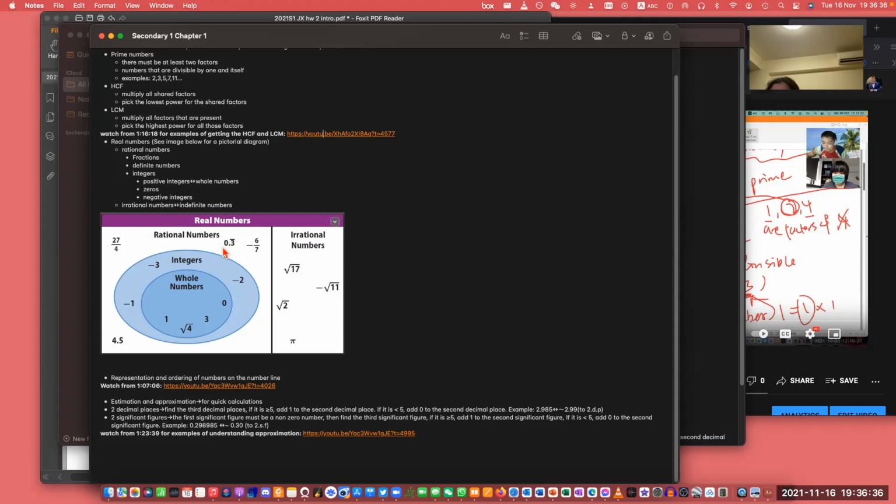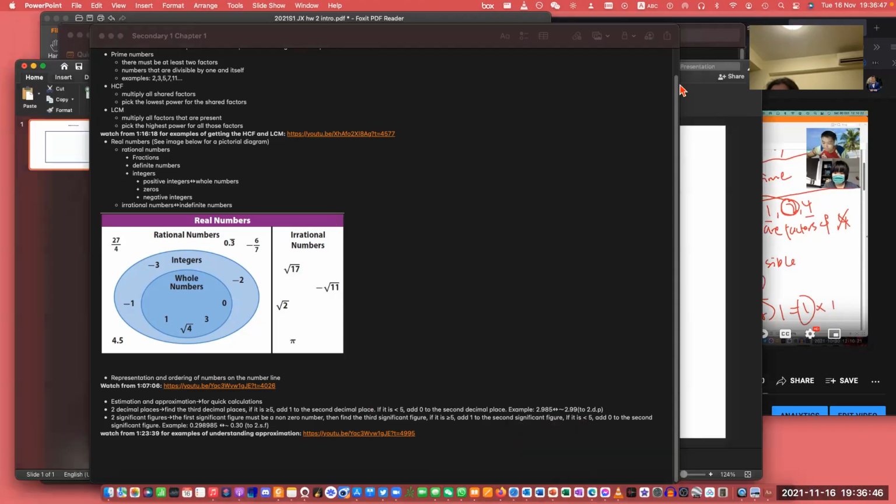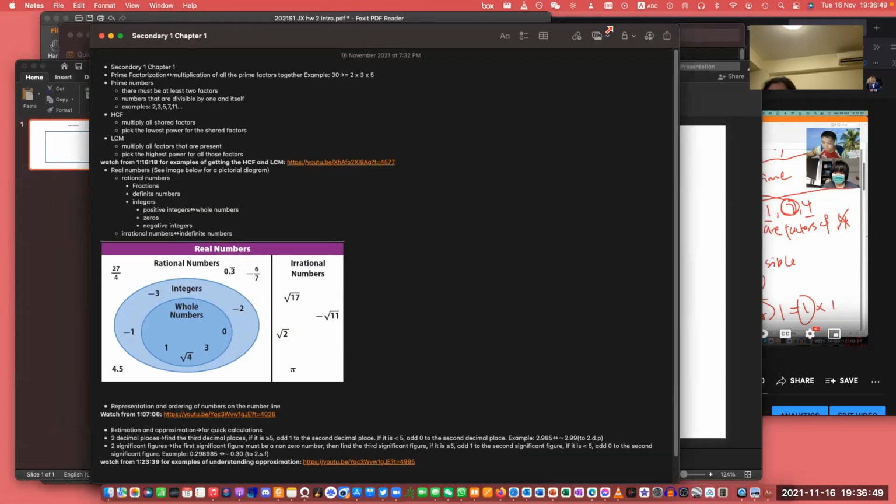And then of course, you have this 0.3, and then there is a slash above. Do you know what the meaning of this is? If you don't, I'm going to explain to you.